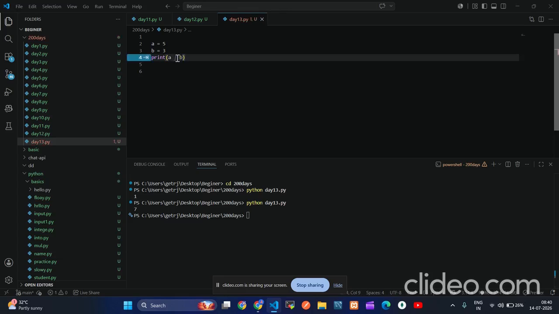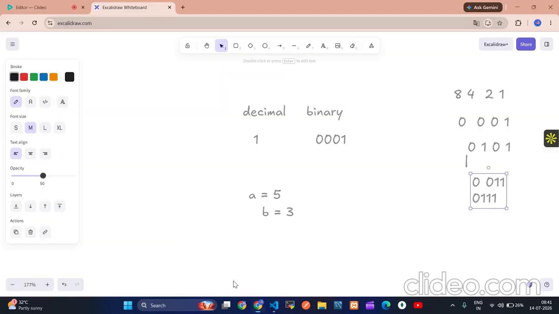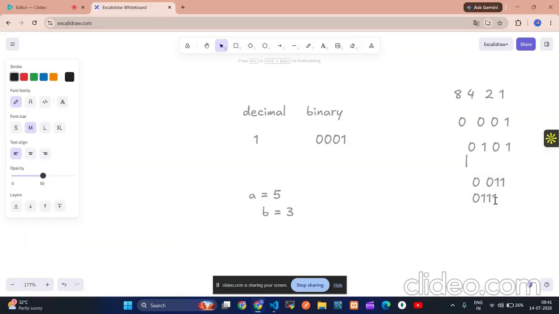Now we will go to bitwise XOR. XOR means exclusive or. It returns 1 only when both bits are different. Here we can change the symbol also.